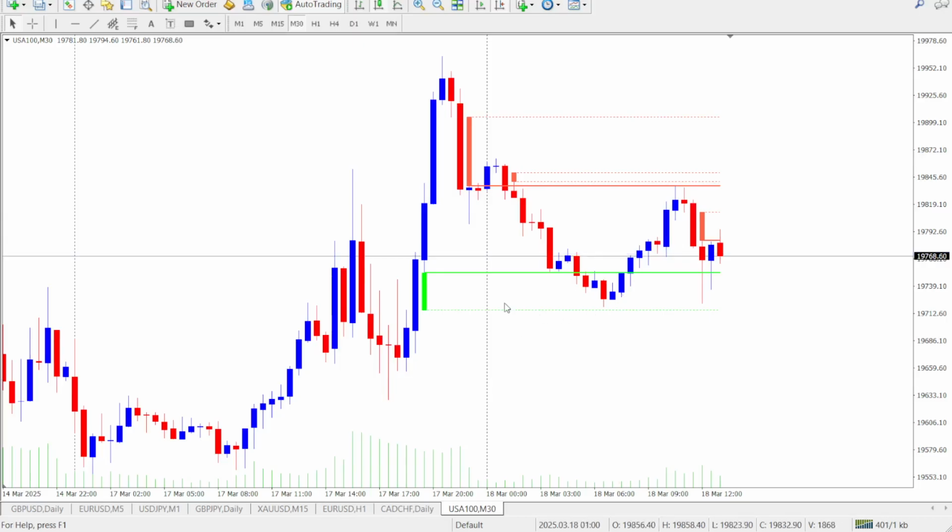These rectangles are appearing where fair value gaps exist. Like here we had a fair value gap. That was the reason why the green rectangle appeared here. You can see that we had a fair value gap around here. That's the reason why the red rectangle appeared here.